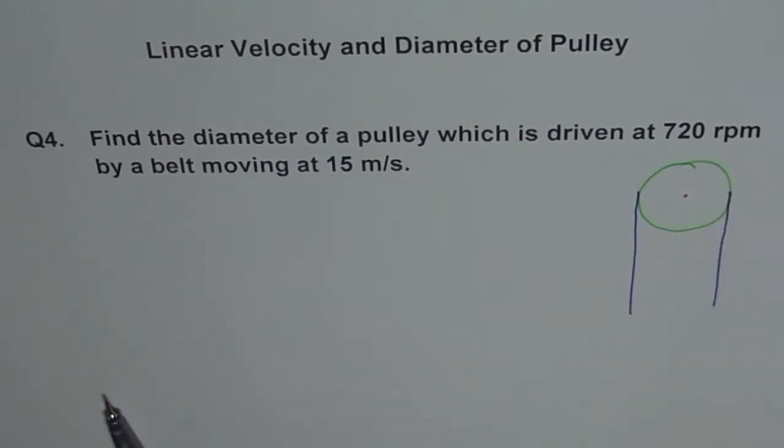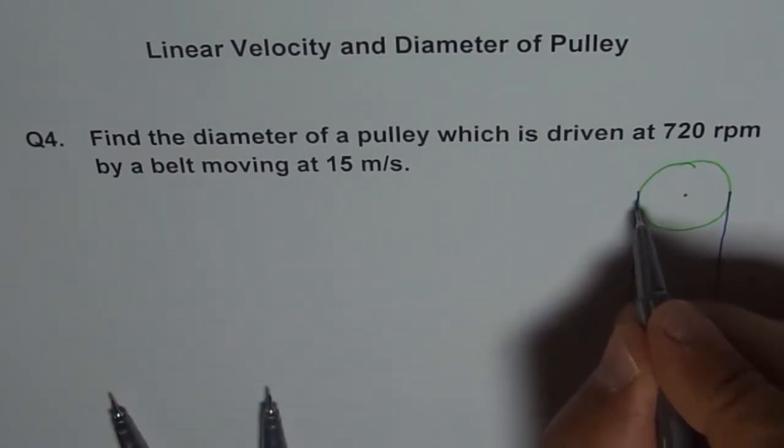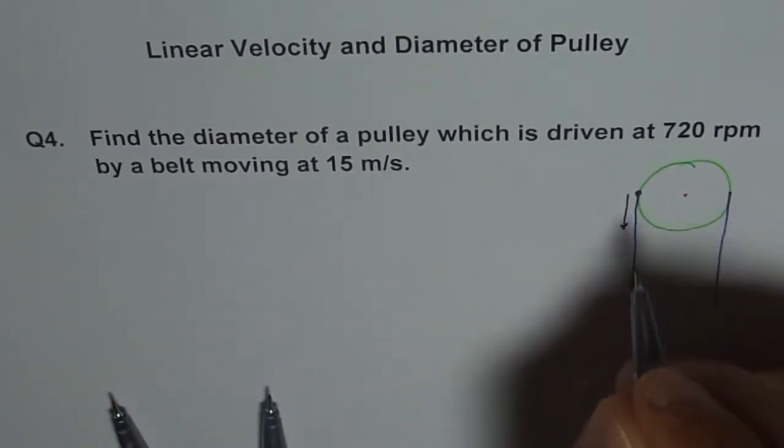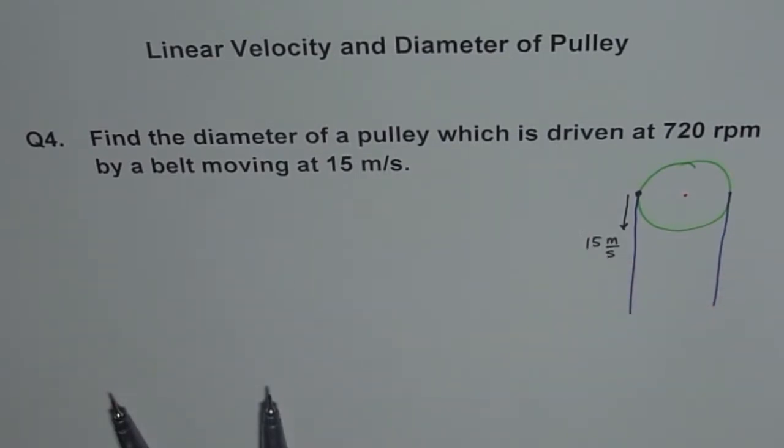It says the belt is moving at 15 meters per second. Let's try to understand. Let's say we have this point. This point moves on the belt at the rate of 15 meters in 1 second. So if we ask how much the belt will move in 1 second, it will be 15 meters.